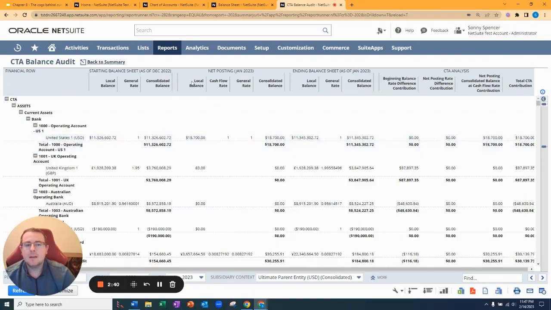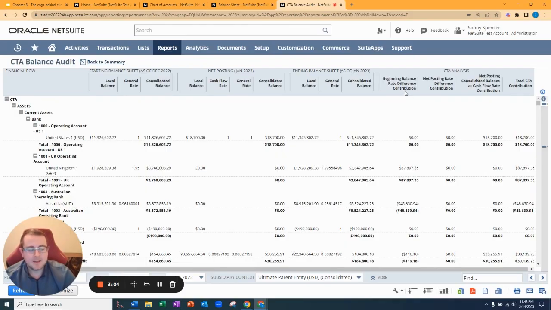The calculation is the local balance multiplied by the cash flow rate. That will determine the values in this column. Finally, the total CTA contribution is simply the addition of this column, and this column.